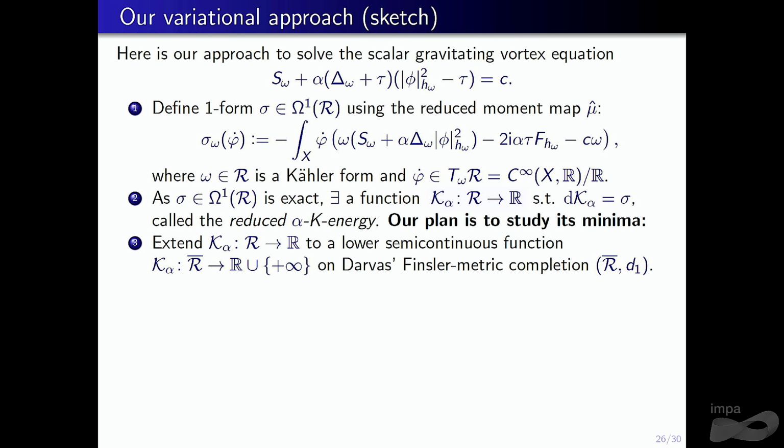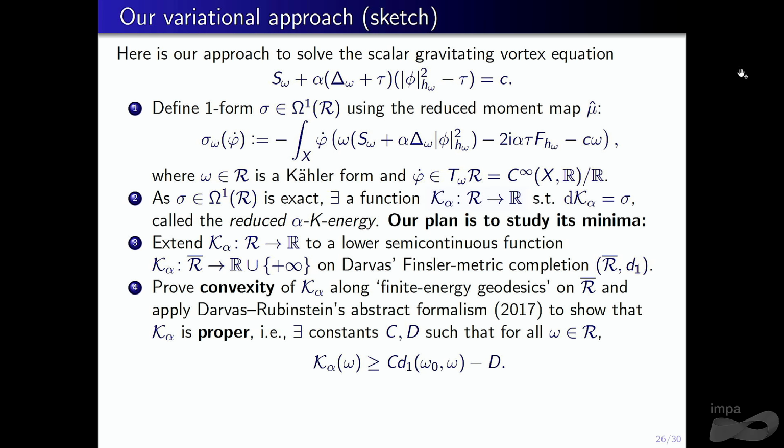It's highly technical now. There is a way to extend this energy functional to some metric completion, R bar. And there are results by Darvas and Rubinstein, very abstract, that have been applied in the Chen-Donaldson-Sun theorem, but you can bring them here.